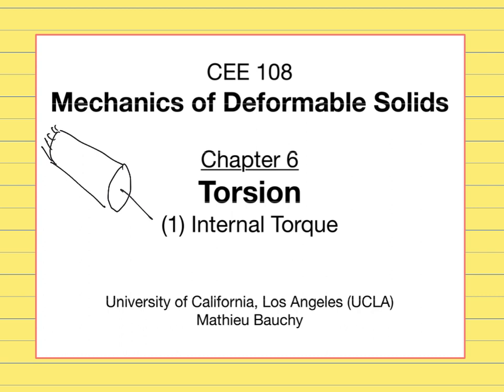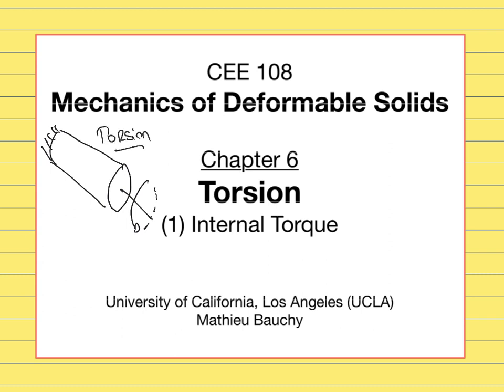And then you have a torque that is applied on this cylinder. So what is a torque? A torque is a moment that is applied along the longitudinal axis of this cylinder. So it's a moment that will tend to make the cylinder twist along its longitudinal axis. That's how we are going to define torsion.